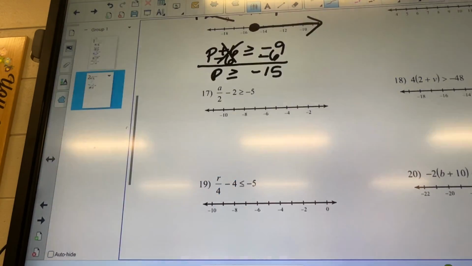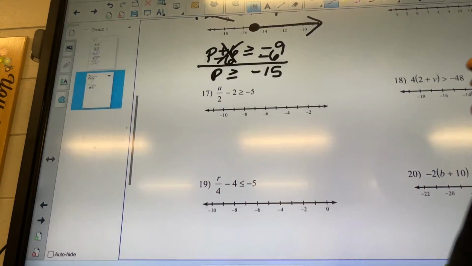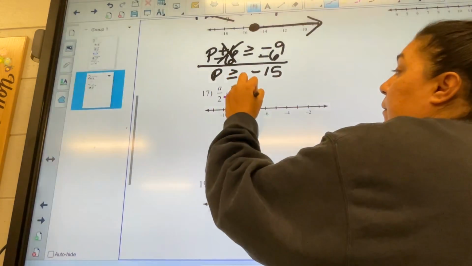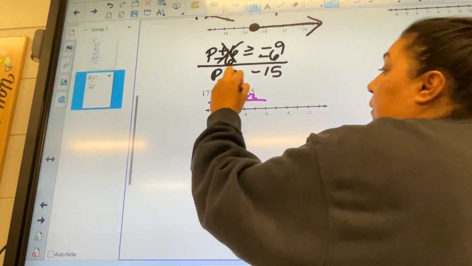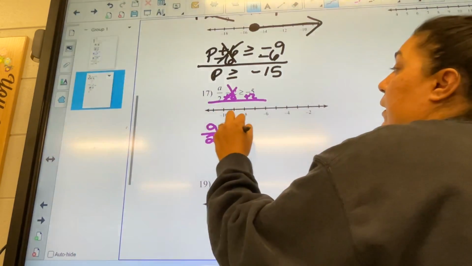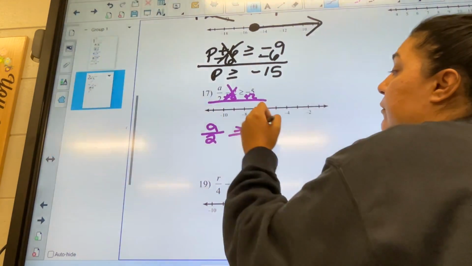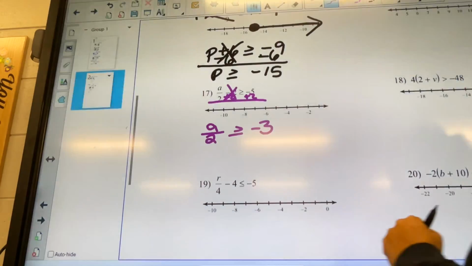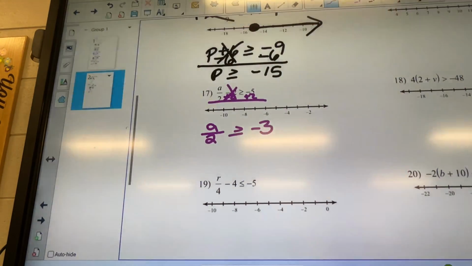Okay, look at 17. Who is the kid? The minus 2. How do I move a minus 2? Plus 2 and plus 2. So I get A over 2, and then negative 5 plus 2 is negative 3. Okay, and then who needs moved?